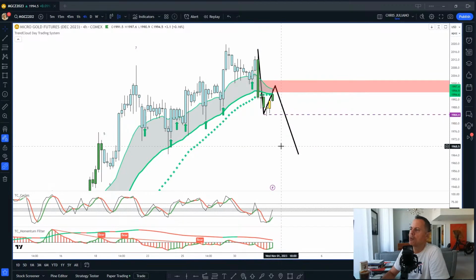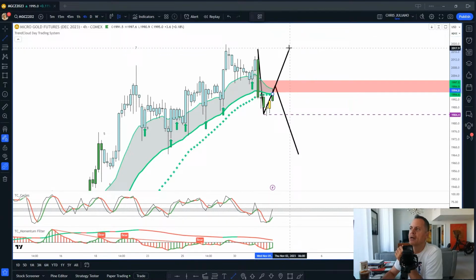So being that gold is so strong, what we're thinking here is that this was a deep pullback. People are going to buy the dip on this, and it's going to continue its move up.